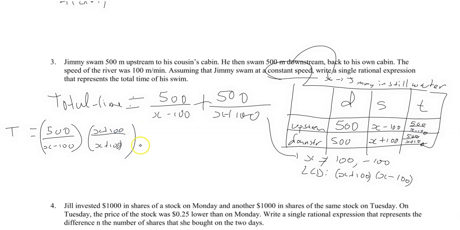Okay, so we multiply that, plus 500 over x plus 10, and that's x minus 10. Okay, so our LCD is one of each of these, right? So this one already has the minus, it needs the plus. This has the plus, it needs the minus.